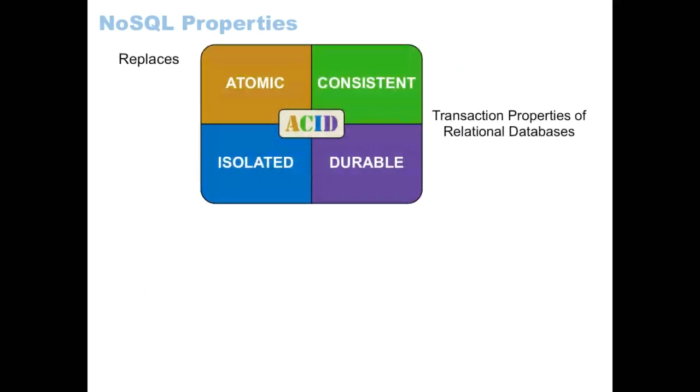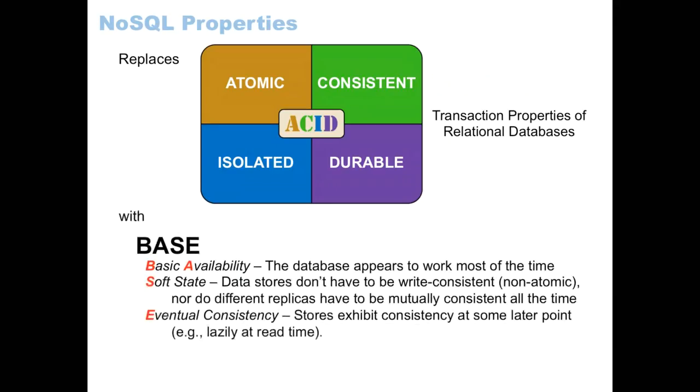Okay, NoSQL properties. So remember ACID, those are the transaction properties of relational databases. These are replaced in NoSQL databases with BASE. Pretty clever, huh? So BASE stands for Basic Availability: the database appears to work most of the time.